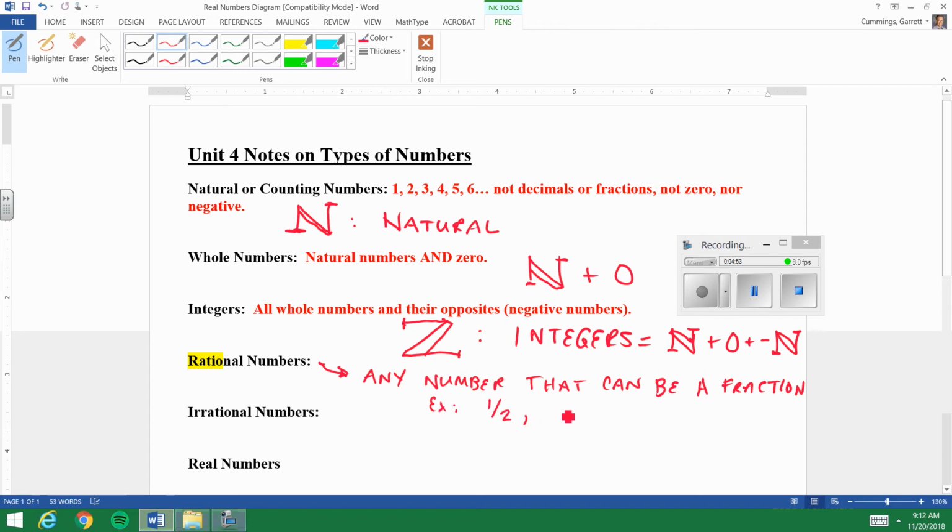For example, 0.5. For example, you could even have a repeating decimal like 0.583 that we had in the last one, which was, I think, 7/12 or something like that, right? Any number that could be a fraction, you could have a top-heavy fraction like 11/4. Any number that could be a fraction is called rational.